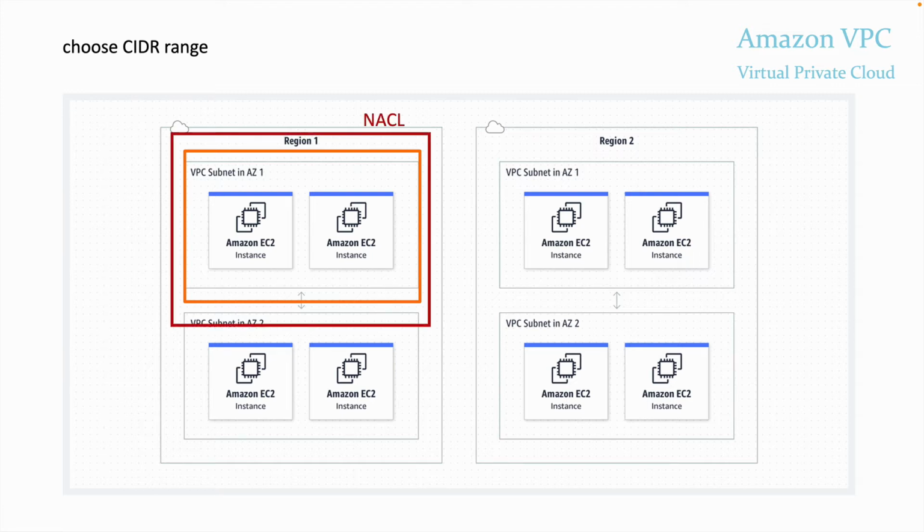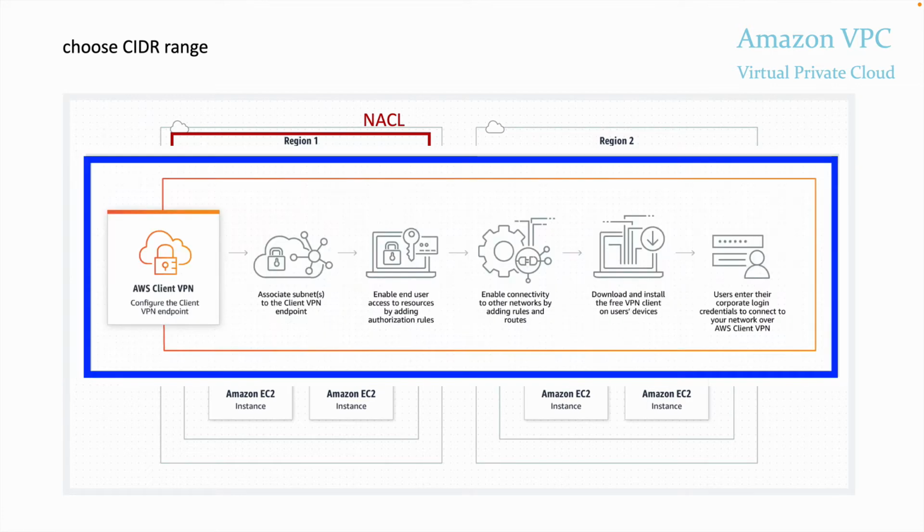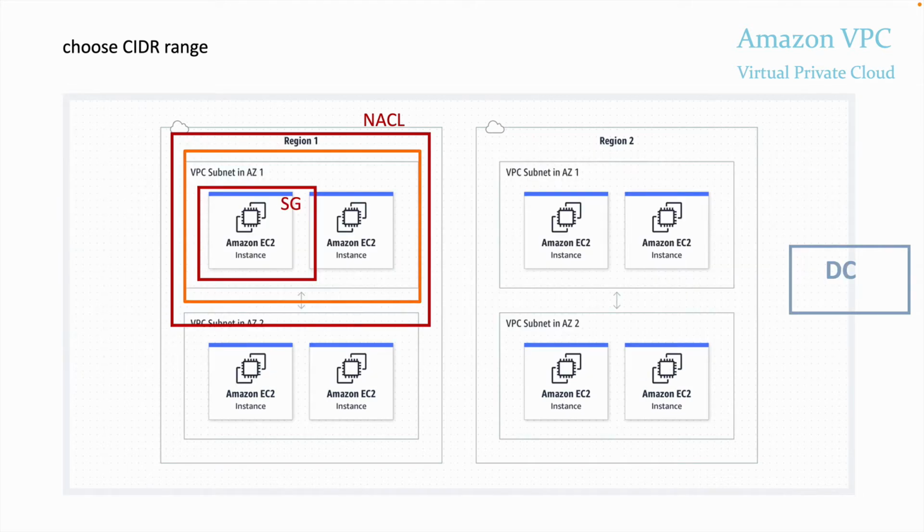So we have network ACLs and security groups that we can configure to control who and what is allowed to access the resources inside our Amazon VPC. We can also create our own hardware virtual private network, so VPN connections, between your on-premises data center and your AWS VPC so that you can leverage AWS as an extension of your current environment or your current data center. And this is called a hybrid environment.